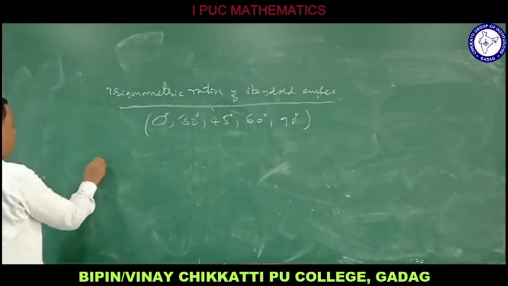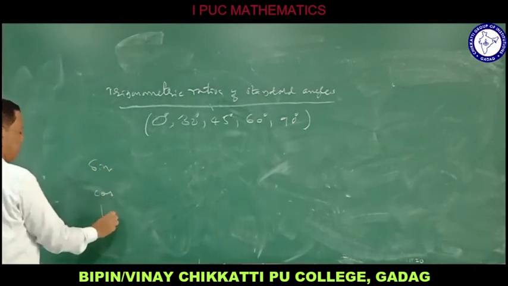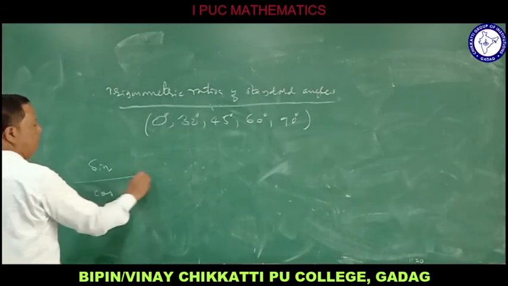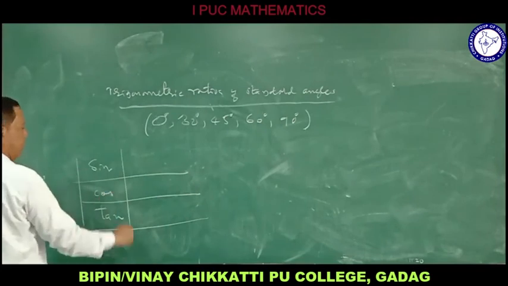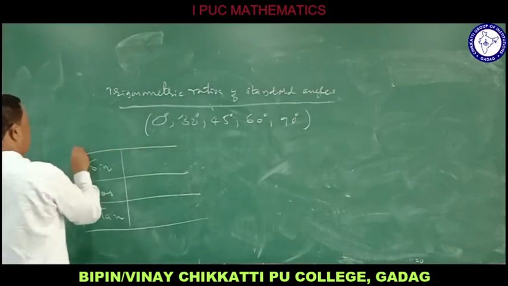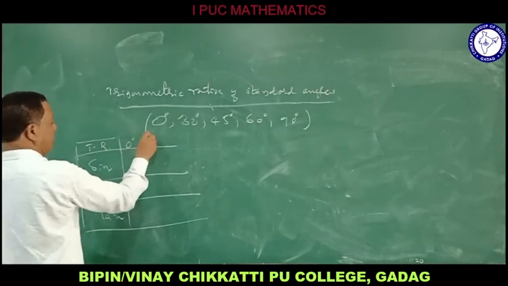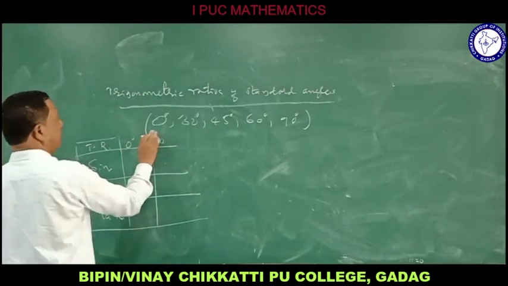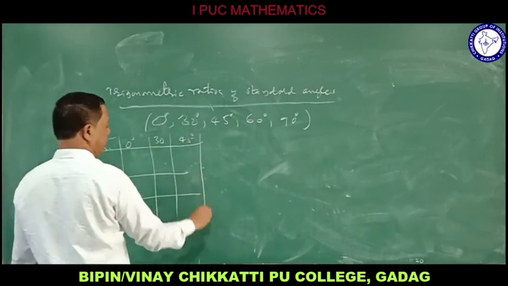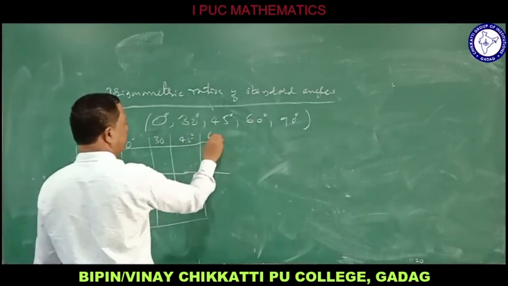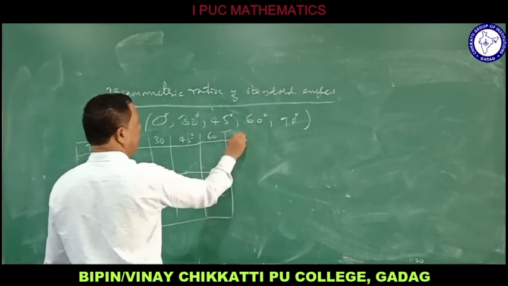Now I want to explain sine, cos, tan. I have to give the results of these, and here you have to understand trigonometric ratios for 0, 30, 45, 60, and finally 90.